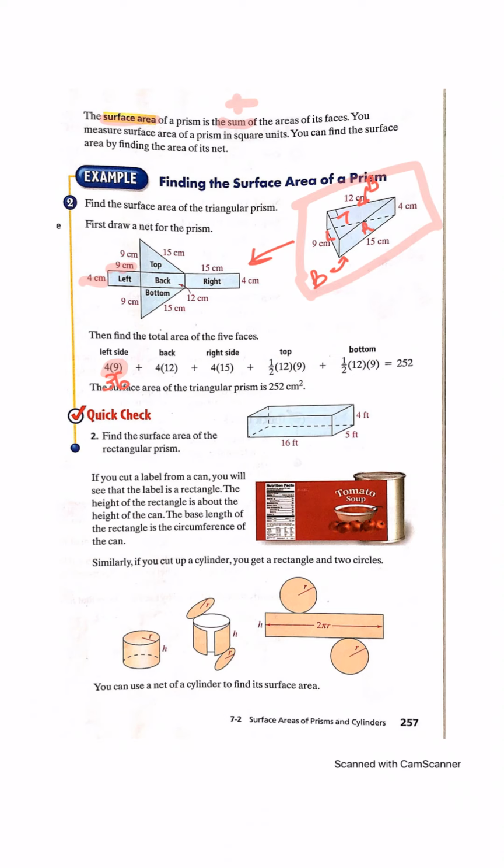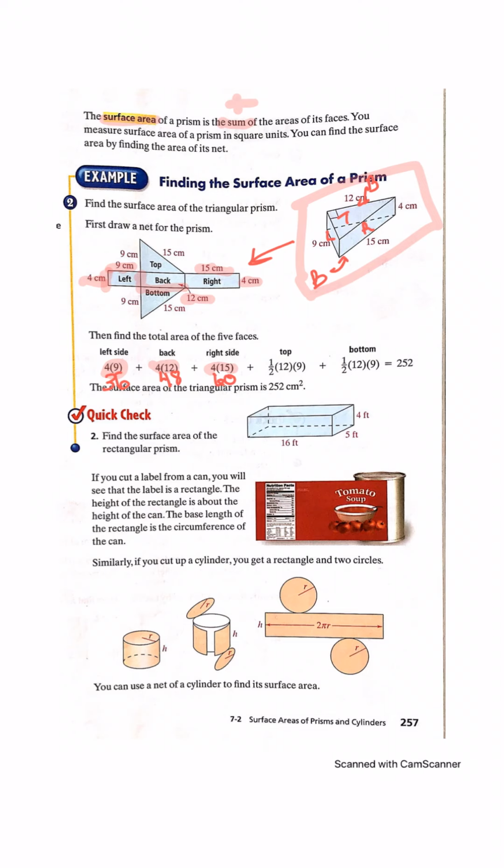The back is 12 is the length here. And it doesn't tell us this size right here, but we realize that it's the same size as this right here, so we know that it's 4. 4 times 12 is 48, plus the right side is going to be 15 centimeters times 4. 15 times 4 is going to be 60.